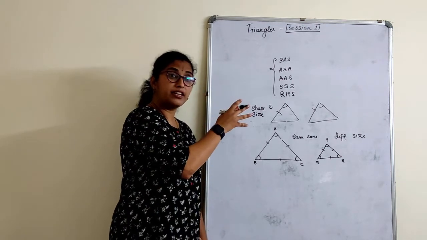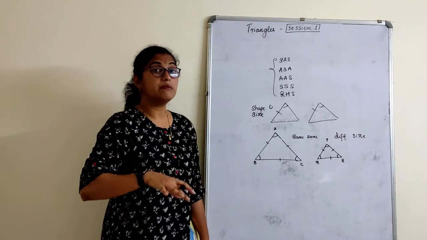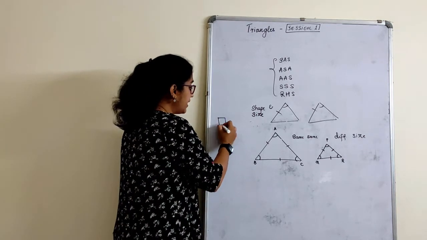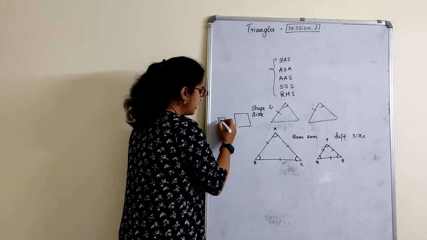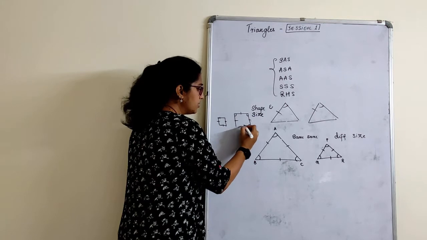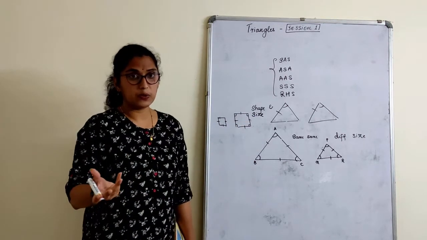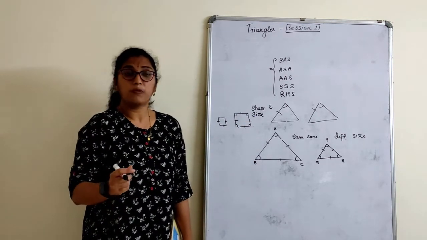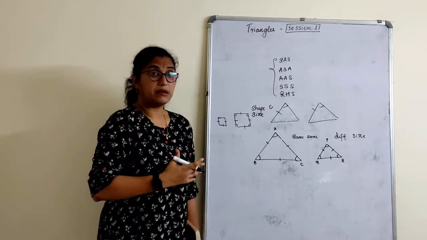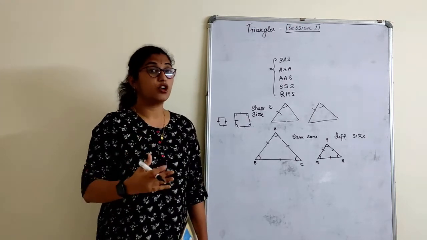All congruent figures are similar, but all similar figures are not congruent. I can tell now all squares are similar, right? Because all sides are equal, all angles are equal to 90 degree in a particular given square, right? All circles are similar. Angle at the center of the circle is 360 degree. So that is something between a similar figure and a congruent figure.